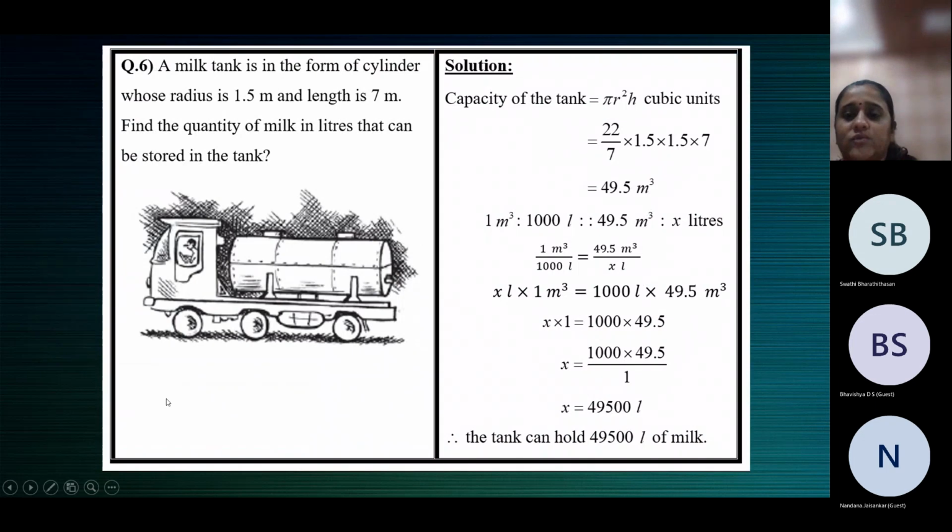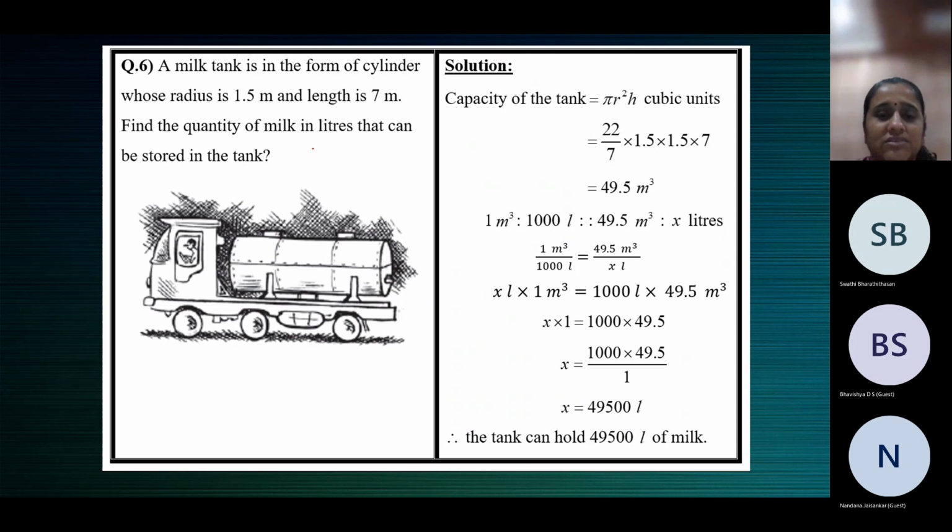I'm not talking about the calculation part. We find the volume of the capacity in meter cube. Now, how do you convert? 1 meter cube is 1,000 liters. Then 49.5 meter cube is how many liters?